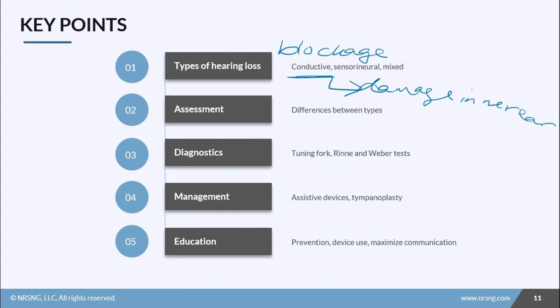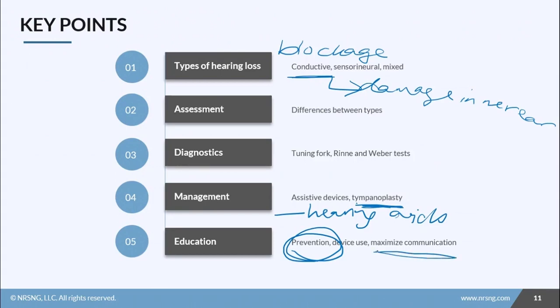I also want you to remember the management: use of assistive devices such as hearing aids or cochlear implants, and then a tympanoplasty if indicated. Finally, we want to be teaching about prevention, so wearing ear protection at loud concerts, preventing exposure as patients are able, using assistive devices as indicated, and different things to help maximize communication.